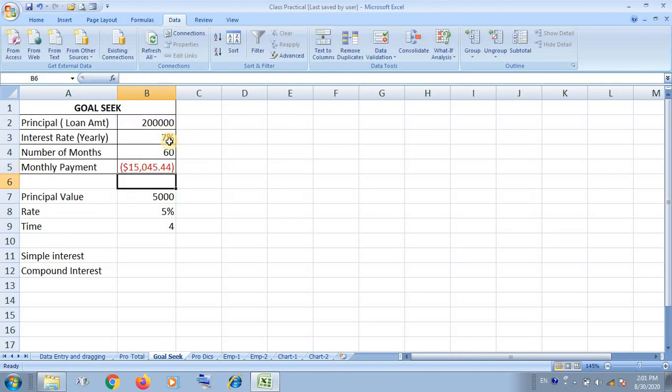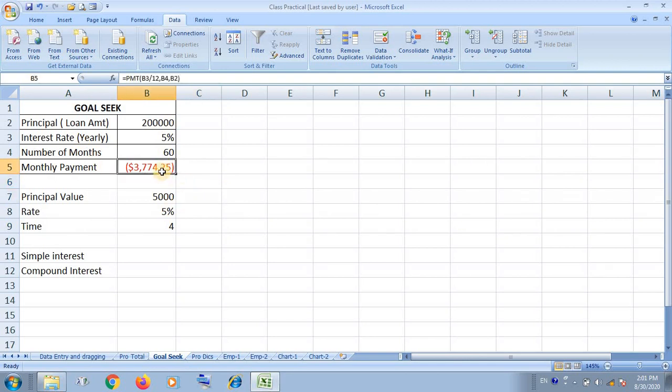I have entered 5% as the interest rate, but it is not correct because the interest rate is given annually, so I have to convert it into months by dividing by 12.